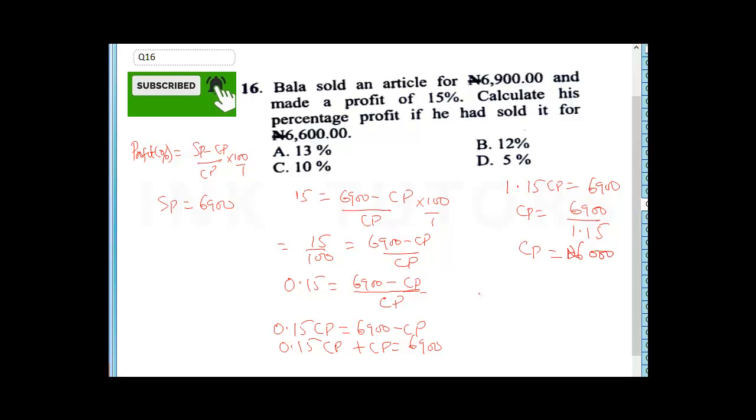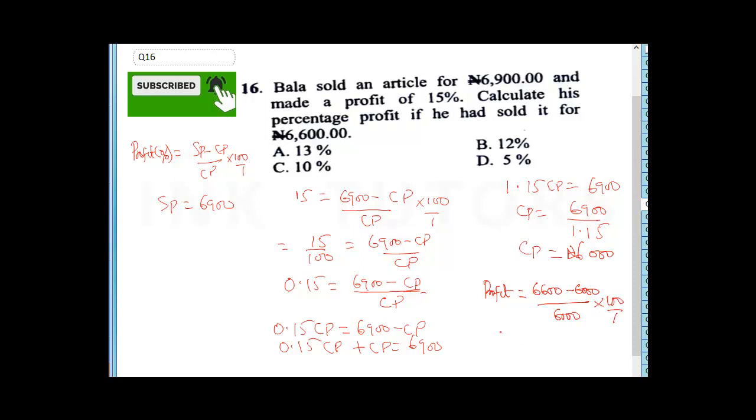So that means our profit will now be, still using our formula, what is our selling price now? Our selling price is now 66, no more 69, minus 6,000, which is our established cost price, all over 6,000, times 100 over 1.